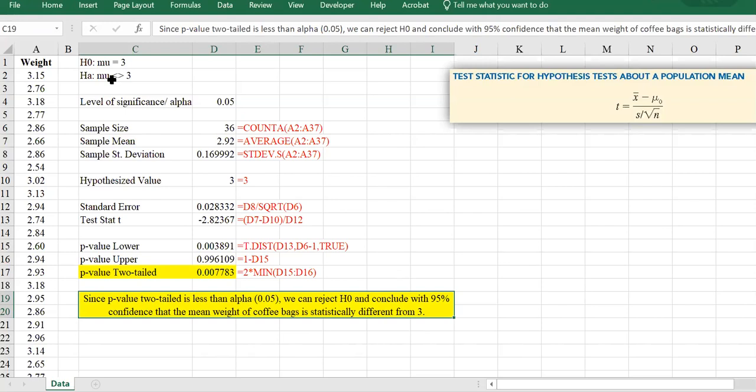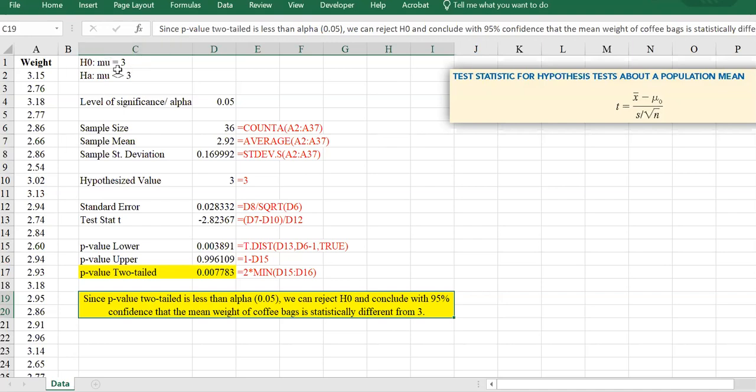Depending on the case, you may have a business decision to make after making this inference about the population mean, about the weight of these coffee bags. These items might come from your supplier, and you may have a contract.